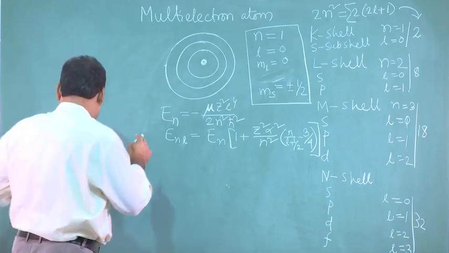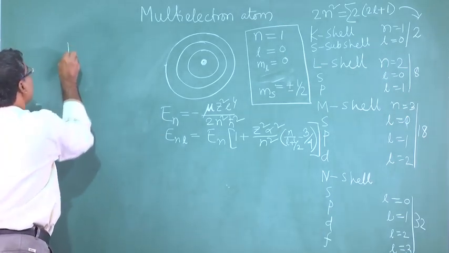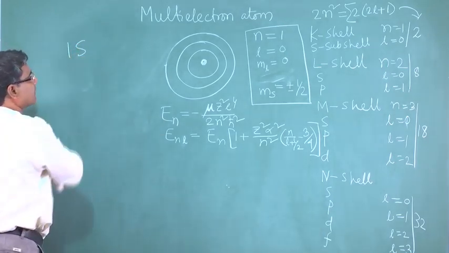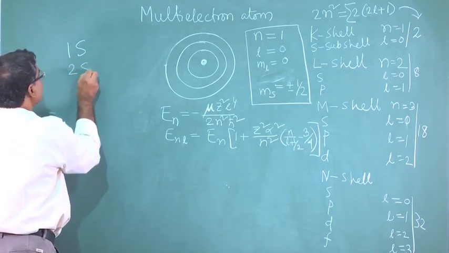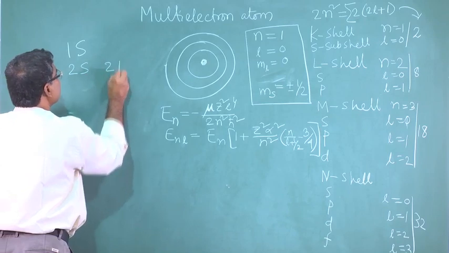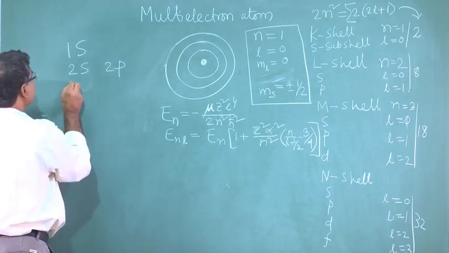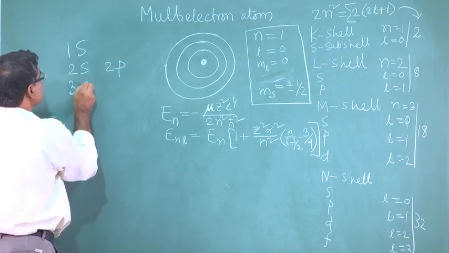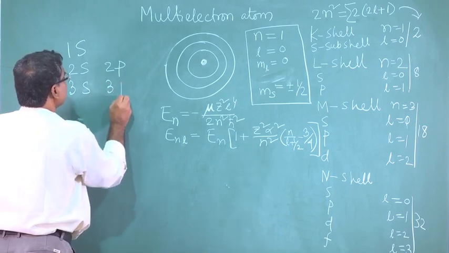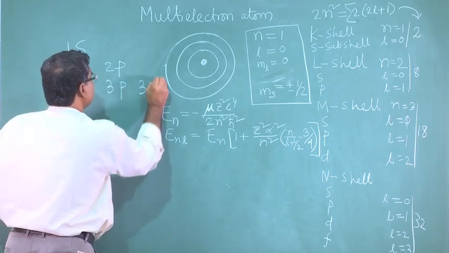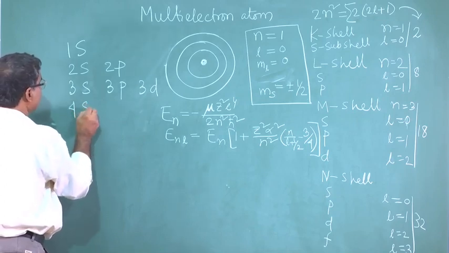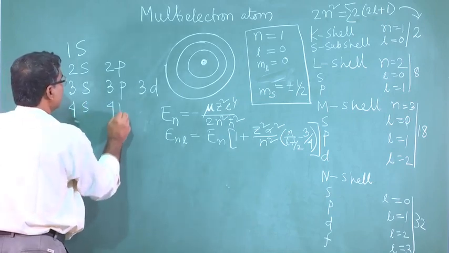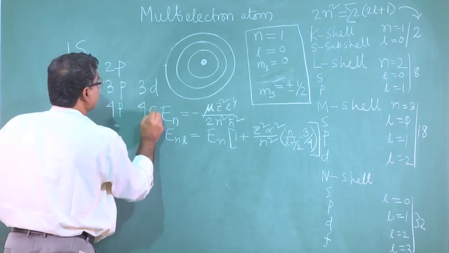For n equal to 1, I have the 1s orbital; n equal to 2, I have 2s, then 2p; then n equal to 3, I have 3s, 3p, 3d; n equal to 4, I have orbitals 4s, 4p, 4d.